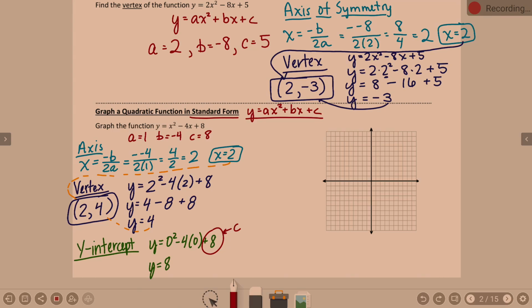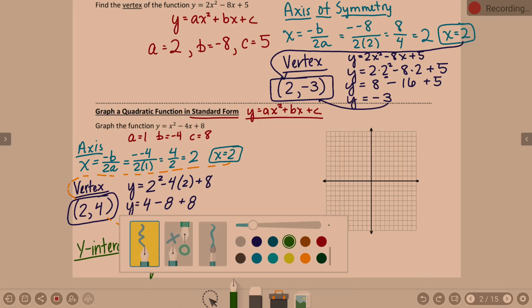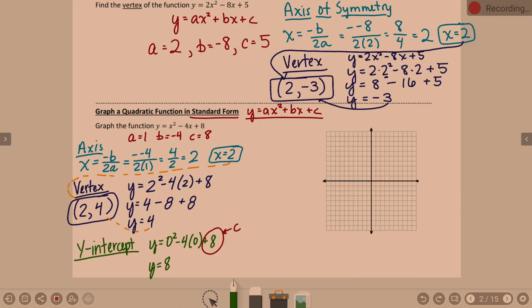It is your C value. Well, guys, the shortcut for y-intercept, your y-intercept is always your C value. You don't have to plug in 0 every time. You can just be like, oh, there's my C value, that's going to be my y-intercept. That's where this graph is going to cross the y-axis, okay? So just a friendly little reminder there. Now, as an ordered pair, my y-intercept is 0, 8.